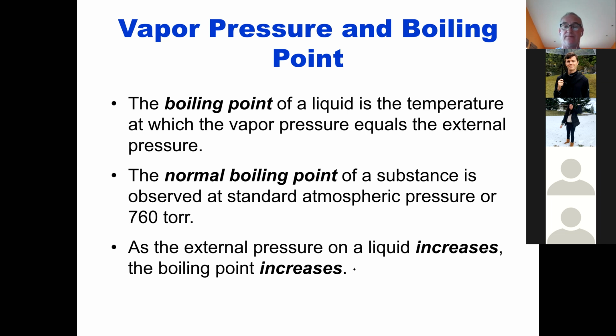So if I put a pressure of 10 atmospheres inside a pressure cooker, that water now has to get to the temperature where its vapor pressure is 10 atmospheres, not 1, in order for it to completely turn into a gas. And so that water is really hot.